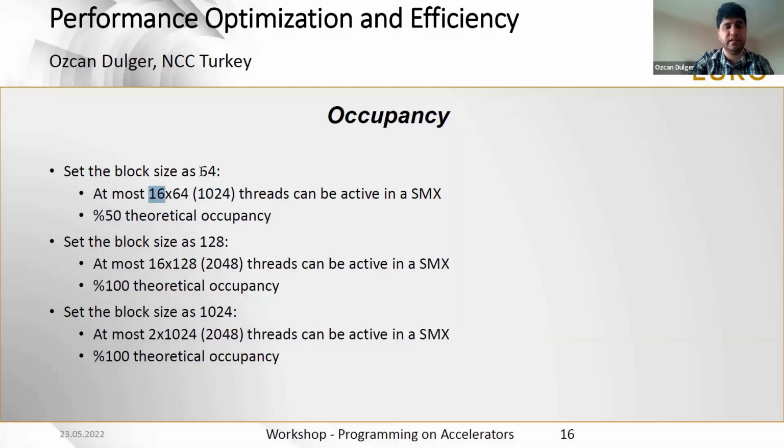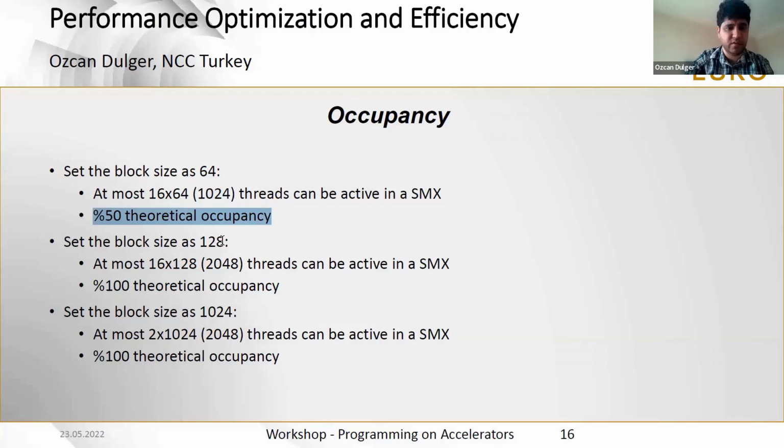Since the number of threads in a block is 64, at most 1024 threads can be active. But we know that 2048 threads can be active in a streaming multiprocessor. So we achieve 50% theoretical occupancy.